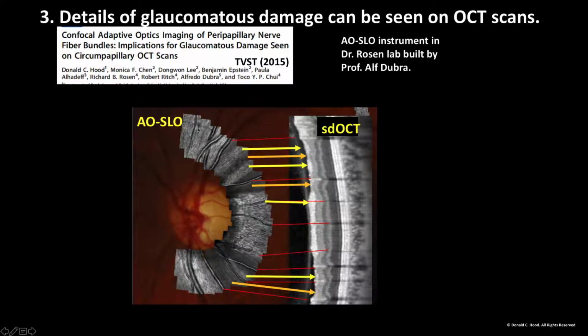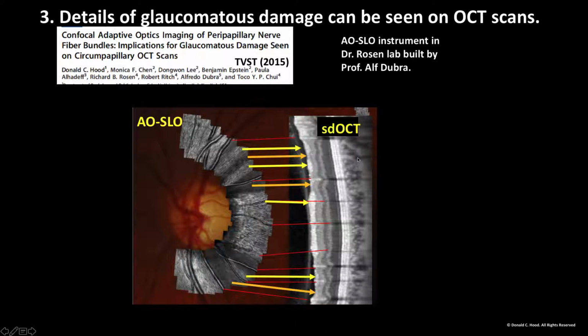We compared AOSLO, so here's a series of images. It took about 45 minutes for Toco to obtain these. And we compared it to the spectral domain OCT. And here's the OCT scan now. And again, this kind of quality has been around for 8 years. And what I want you to notice, well, first of all, this took, as I said, 45 minutes.